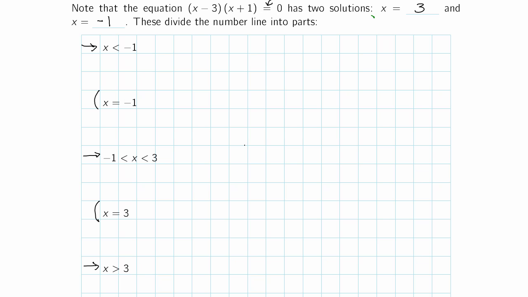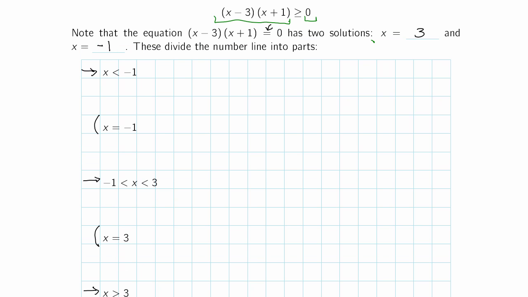So our factors, we have an x minus 3 and an x plus 1. If x is less than -1, then subtracting 3 from both sides, x minus 3 is less than -1 minus 3, which is definitely a negative number. -4 is less than 0.